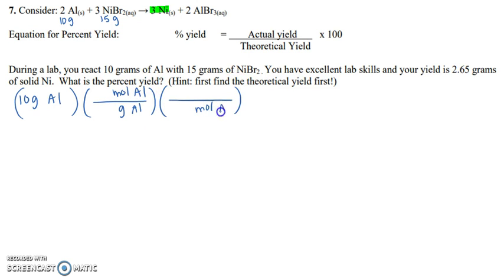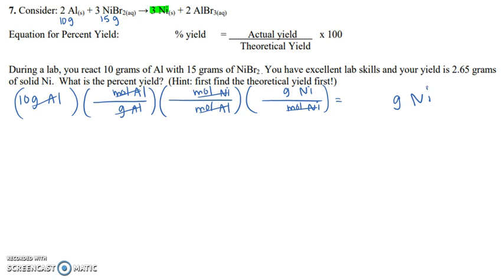If I cancel out moles of aluminum, I can go from moles of aluminum into moles of nickel. And from moles of nickel, I can go into grams of nickel. Let's double check that units cancel out. Grams aluminum, moles aluminum, moles of nickel. Ultimately, we're going to get an answer in grams of nickel.